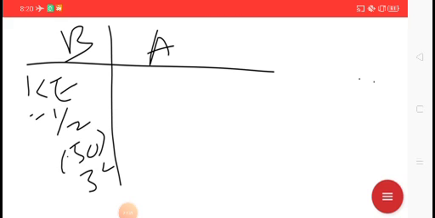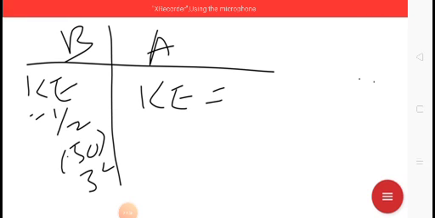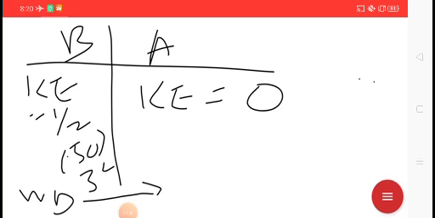Okay, and for after, KE, what do you have? Equal to 0, it stops. And don't forget, for before, you have the work done. Work done to do what? To overcome the friction. So you have 500.